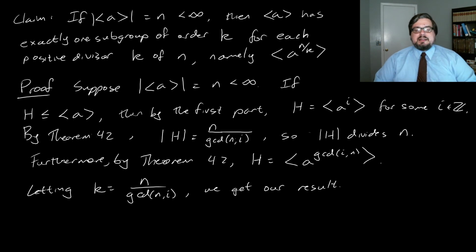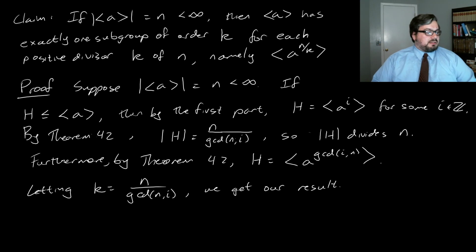So it's really just an application of the first paragraph, where every subgroup of a cyclic group is a cyclic subgroup, and from Theorem 42, every cyclic subgroup can be written as A to one of these divisors of n.